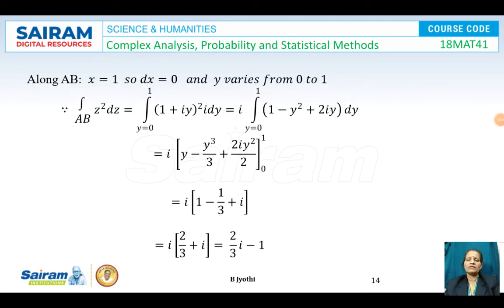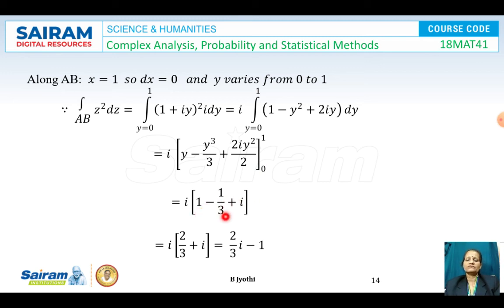Next, let us take along AB. Along AB, x is equal to 1, so dx is equal to 0 and y varies from 0 to 1. When we substitute, as you have already done in this problem, it will be y minus y cube by 3 plus 2i y square by 2, with limits from 0 to 1.